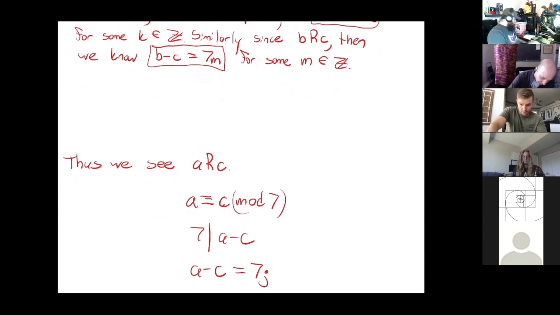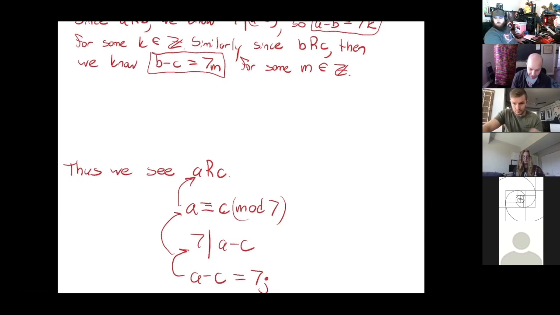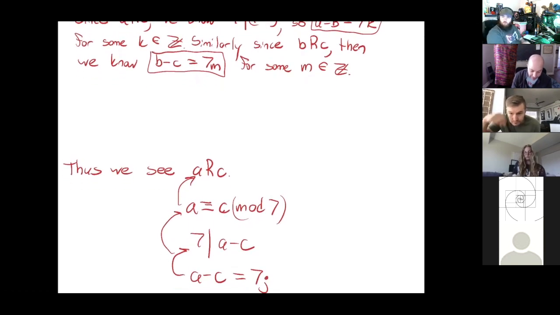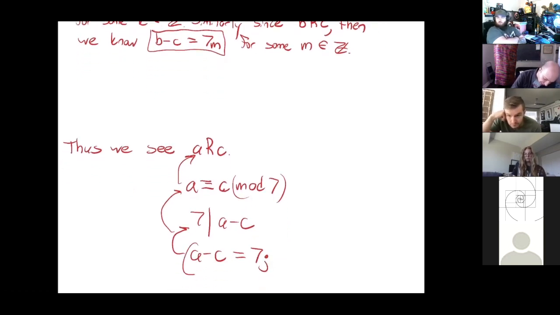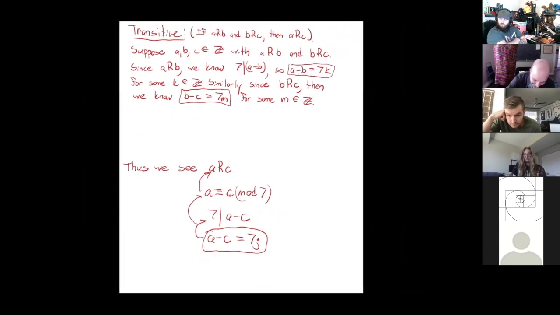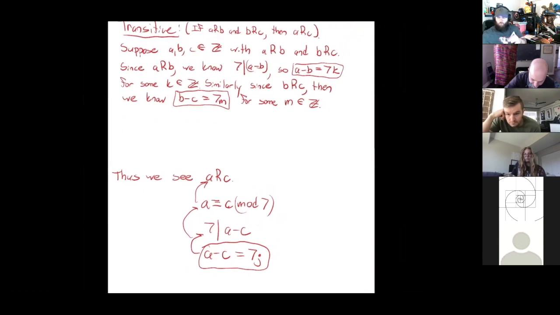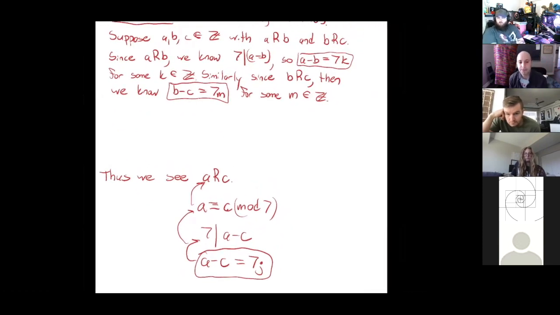So we'll work our way up to that. So far, I know that A minus B is divisible by 7. B minus C is divisible by 7. And I would like to get something like this. Does anybody see what we might be able to do to get some equation that involves A minus C?